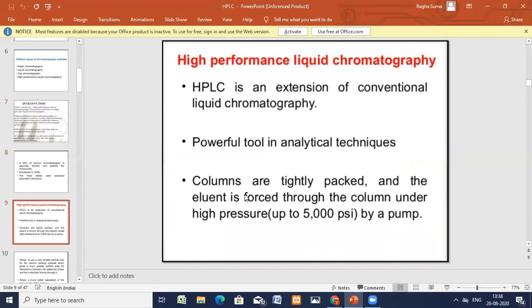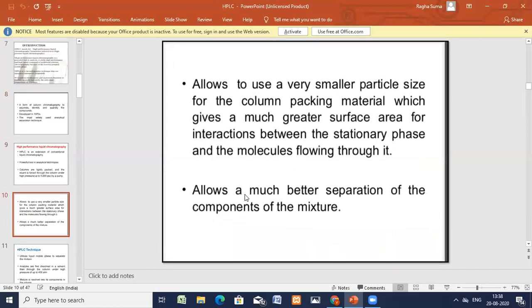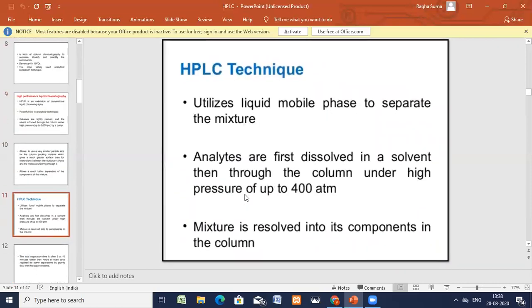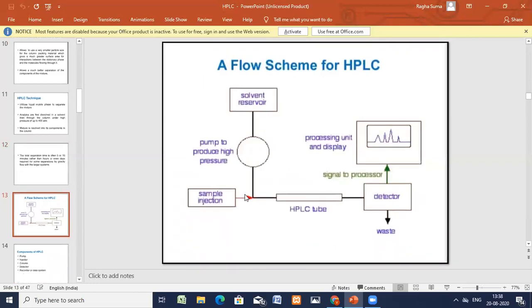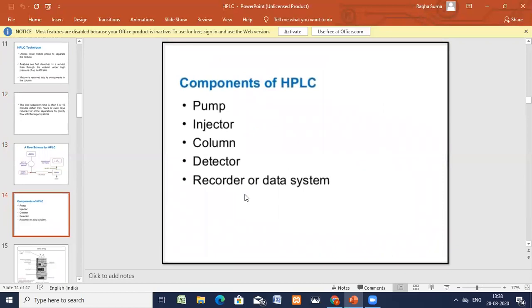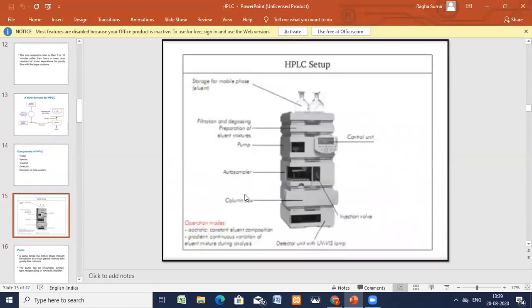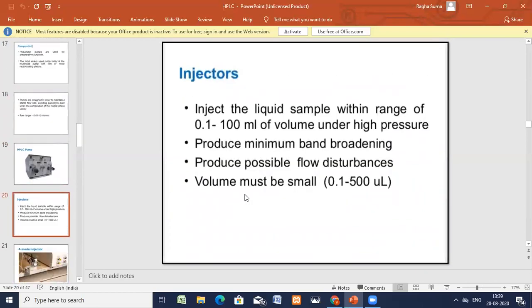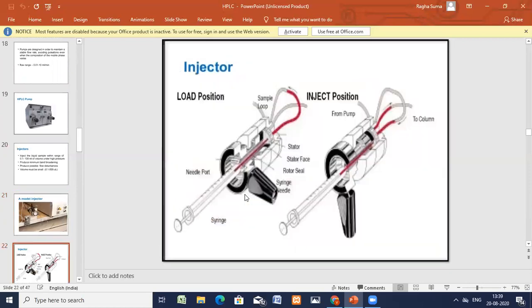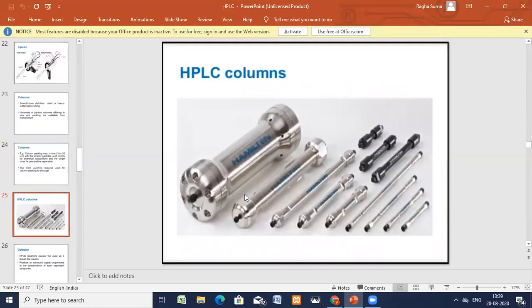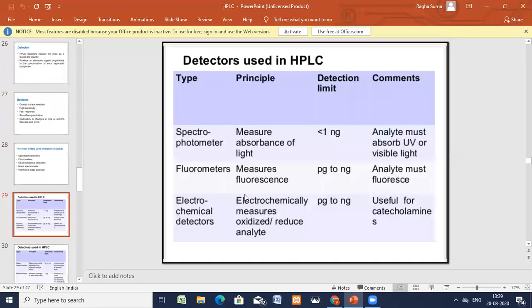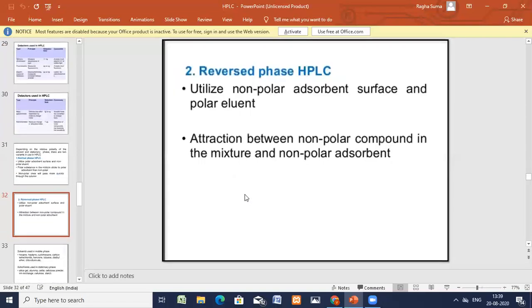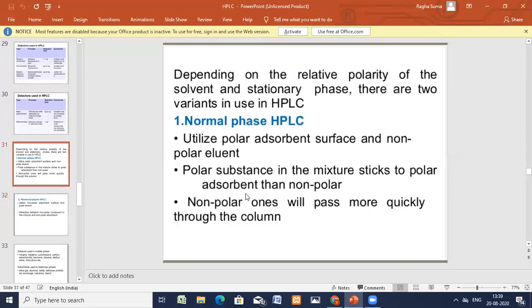We discussed what HPLC is, how it was developed, and how important this technique is. A schematic diagram for HPLC was explained, and the components, pump, injector, column, detector, recorder, were explained with diagrams shown in detail. Then the detectors and the types.